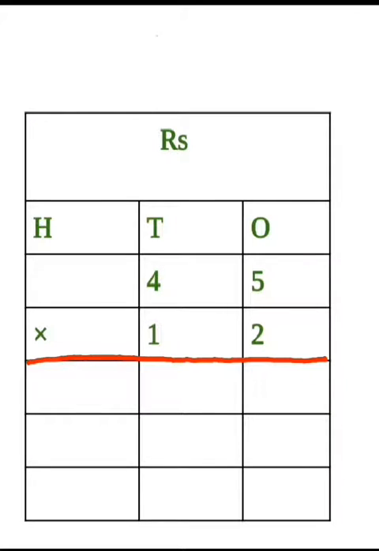Now we will start from the ones column. So children, in ones column there is 5. So 2 will be multiplied by 5. So 2 fives are 10. So we will write 0 in the ones column and 1 will go as a carryover at the tens column.